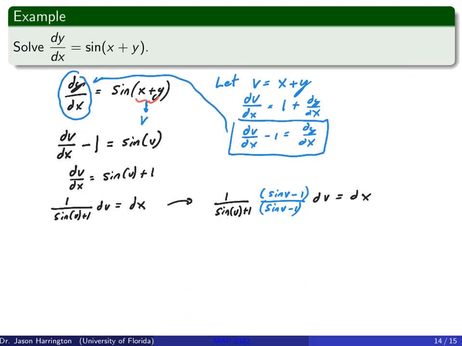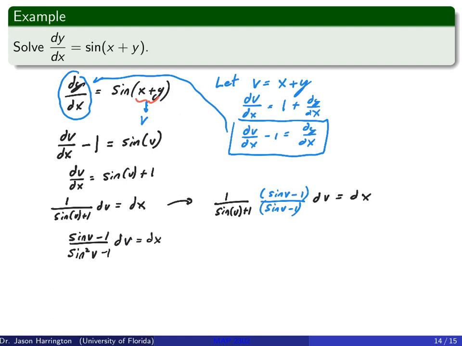So the numerator just turns into, what do we get here? Sine of v minus 1. And the bottom is the difference of two squares, which is just sine squared v minus 1, dv equals dx. Now, did that help?